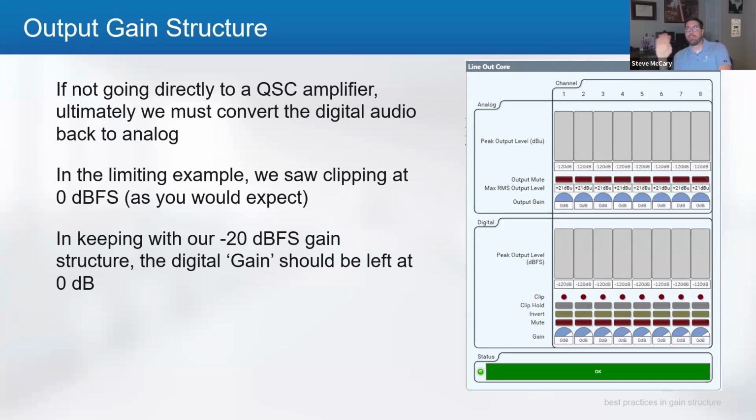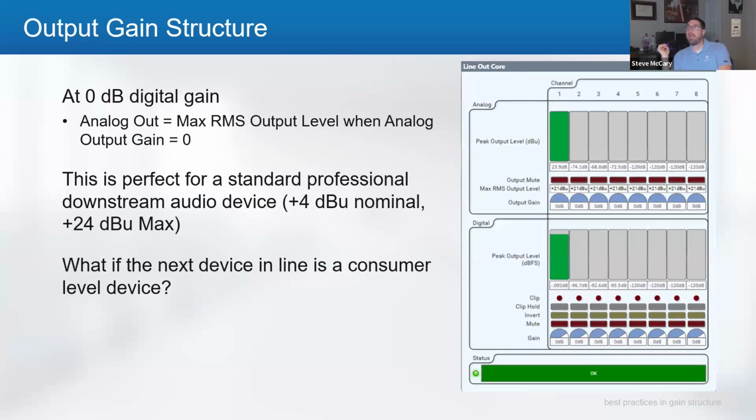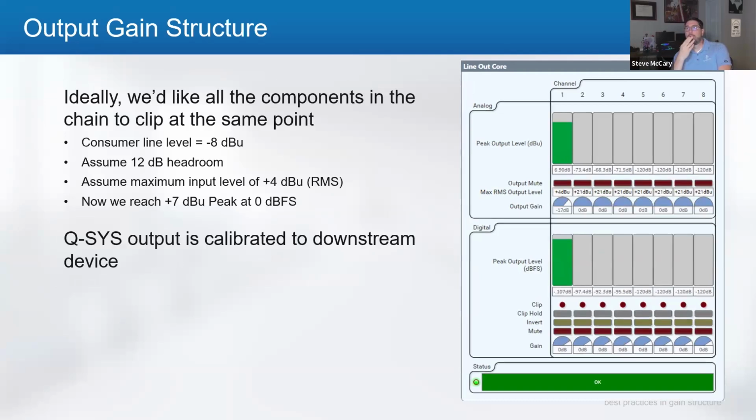So now we are on our digital to analog converter. We can use this to make sure that we're not just hammering the output to whatever it is that we have coming out. In this example, we're looking at a piece of professional equipment. However, if we were using, say, some sort of consumer line level piece of gear, then we need to be even lower on the output on that.